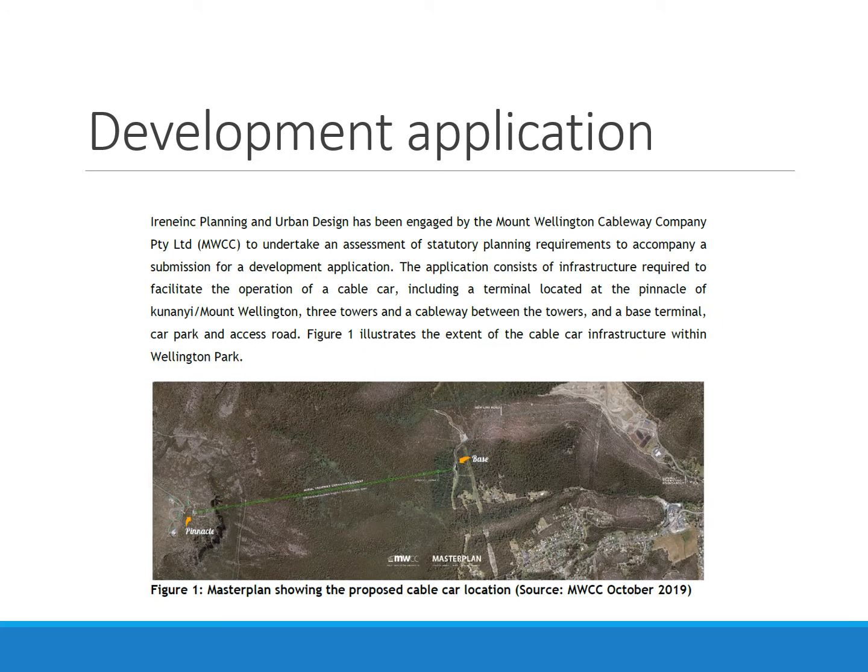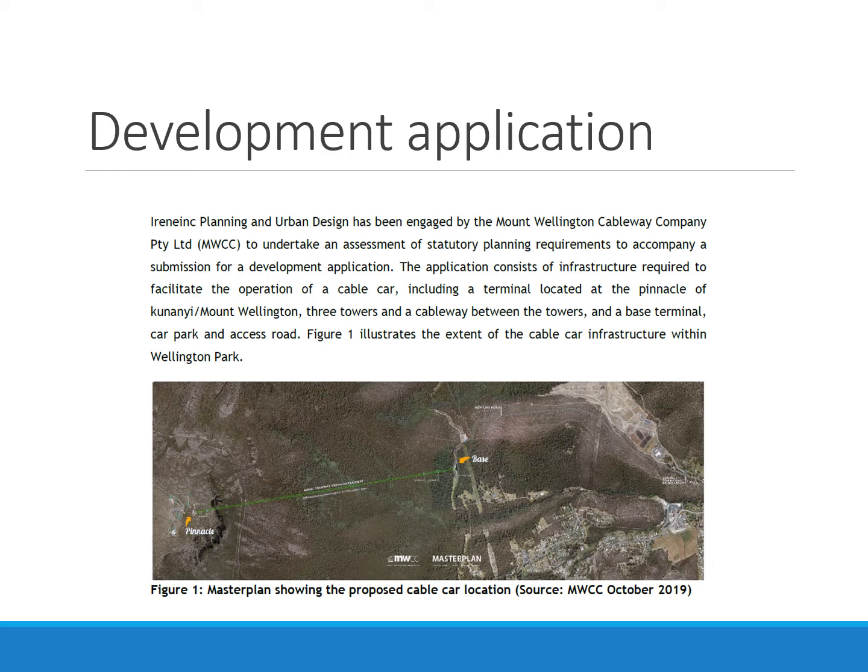The proponent puts in a development application. I don't have an actual application. I could probably find one easily enough, but it's a form where you say what your name is. I have copied part of the planner's report that went in with the Mount Wellington Cableway Company application.